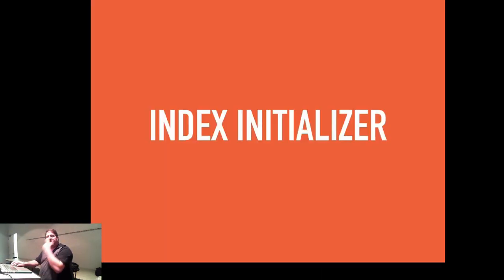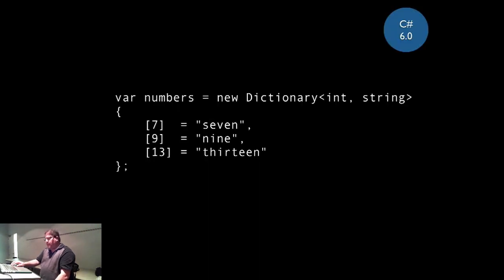The index initializers. This works for dictionaries to simplify initialization. What it lets you do is use the bracket notation to say for this key, assign this value. It's maybe a bit more clear than the other way of initialization.